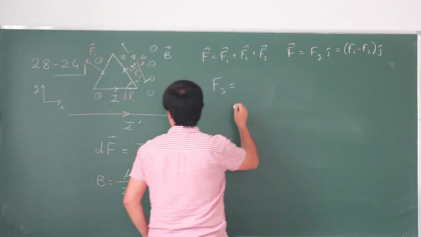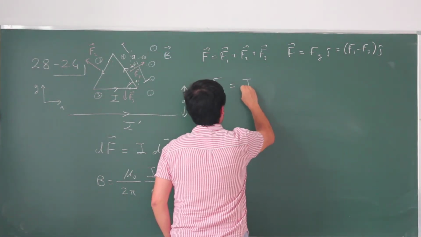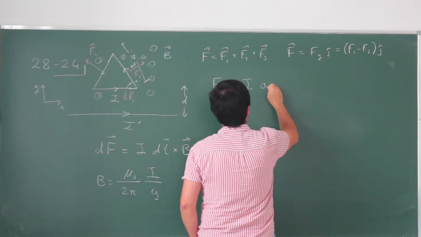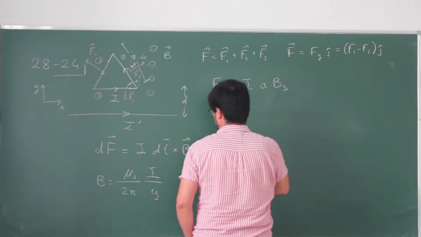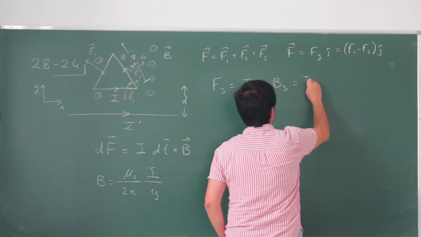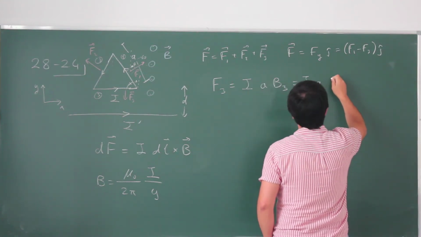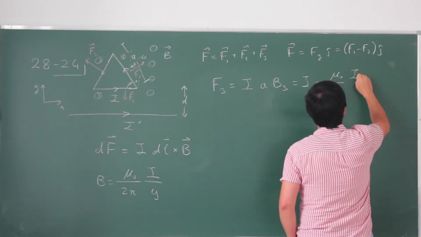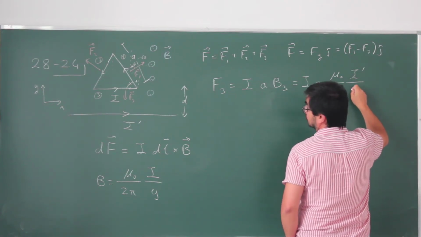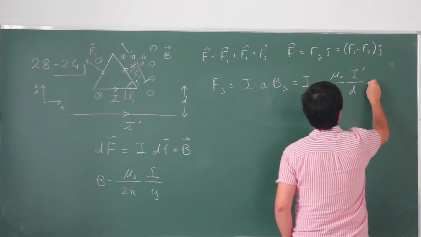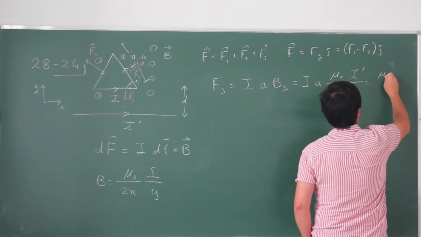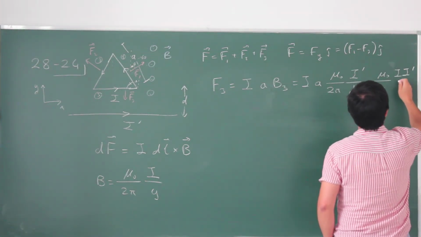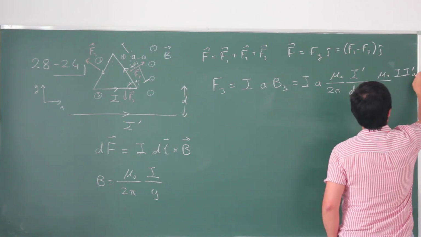This is going to be I times a times B3, and B3 using this formula over here is going to be μ₀/2π I′ over this y, which here is d. So this is μ₀/2π I′ a over d.